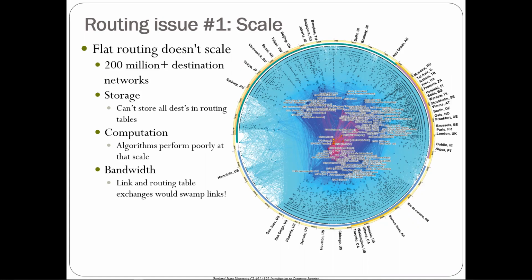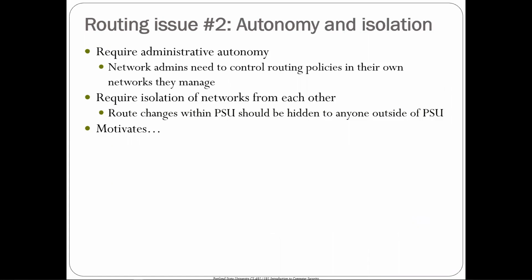That's one problem. The other problem with a flat network is that you really want autonomy in managing your network, and you want networks to be isolated from each other. The operational intricacies of one provider shouldn't impact another provider's network.